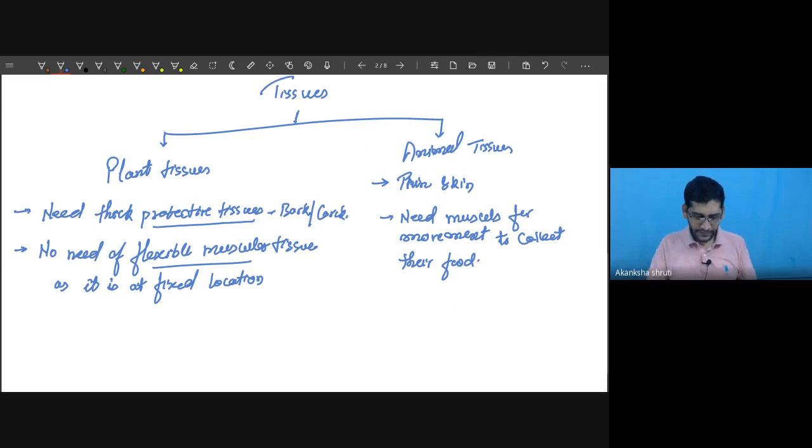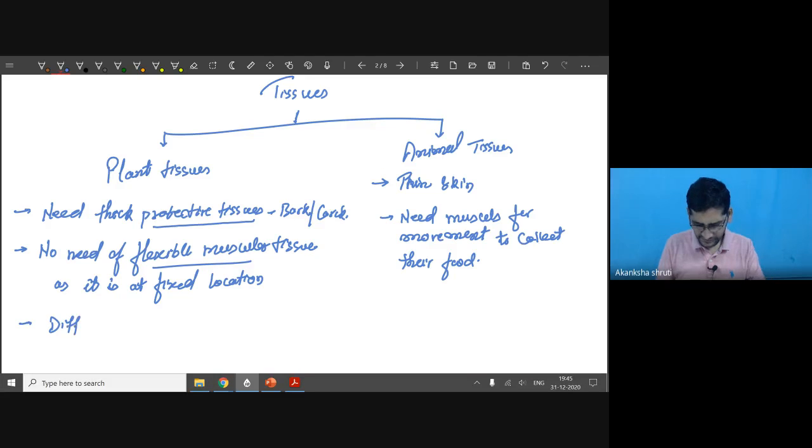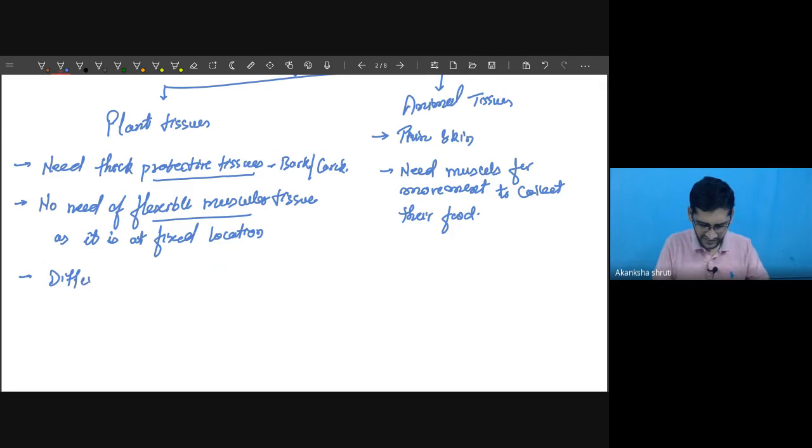Now these plant tissues are of different types. One is growing tissues, because a plant grows in certain regions, like their roots growing, their height growing. So growing tissues. Others are like their bark, their cork.